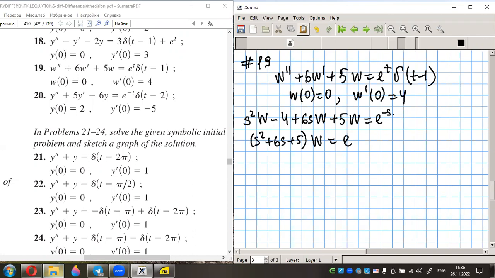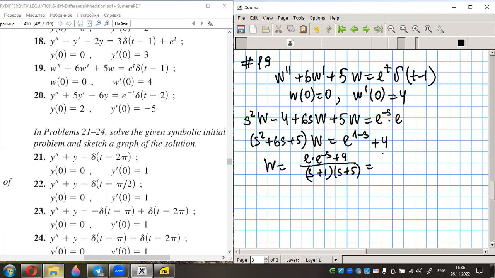Here must be e to the minus s times e, plus 4, and W equals e times e to the minus s plus 4 over s plus 1 times s plus 5.